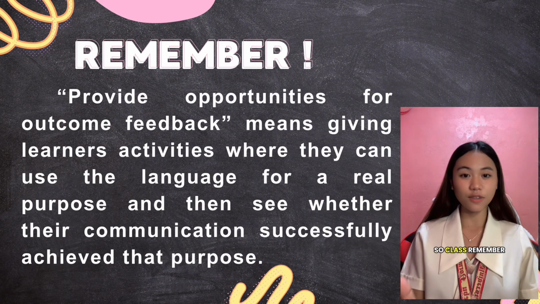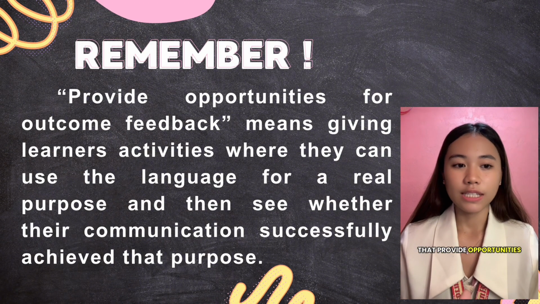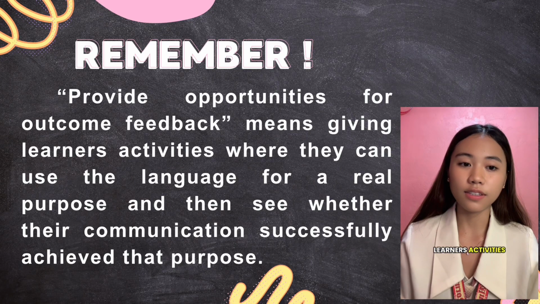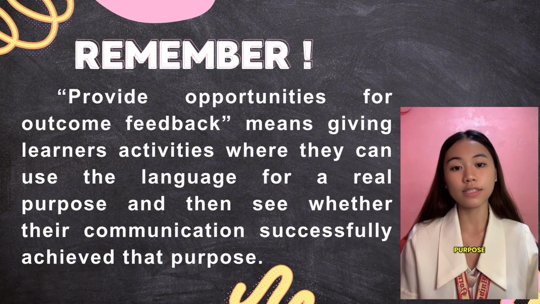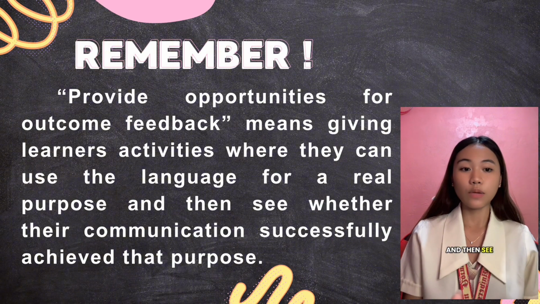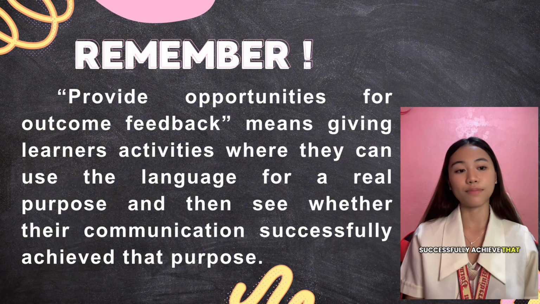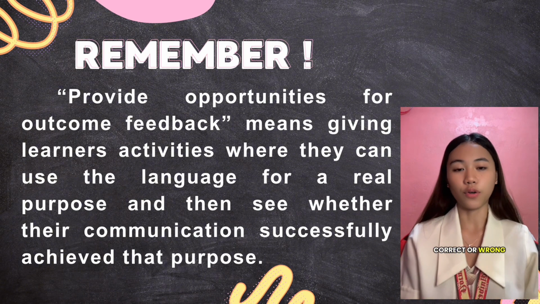So, class, remember that providing opportunities for outcome feedback means giving learners activities where they can use the language for a real purpose and then see whether their communication successfully achieves that purpose. It is not only about telling students what is correct or wrong.